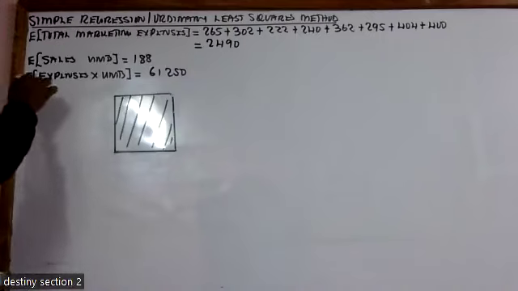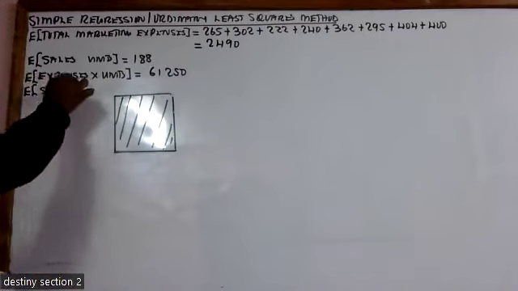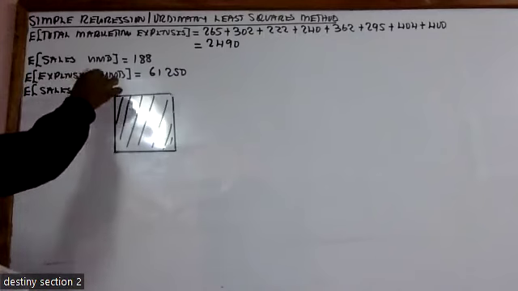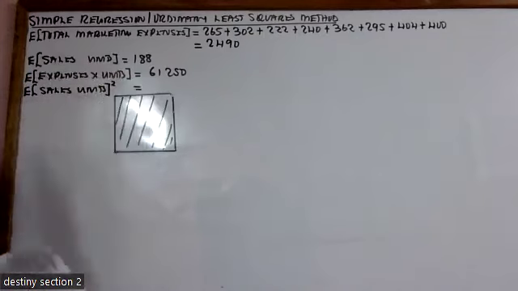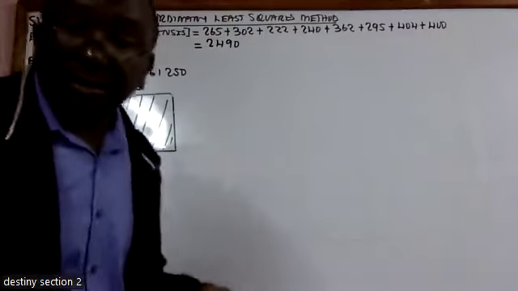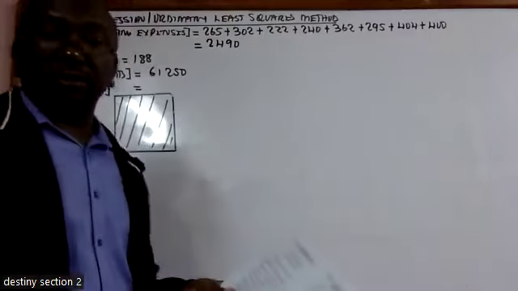Then the expected value of sales units when they are squared. Yes, Jemima, good. So let's square the values of x as we add.